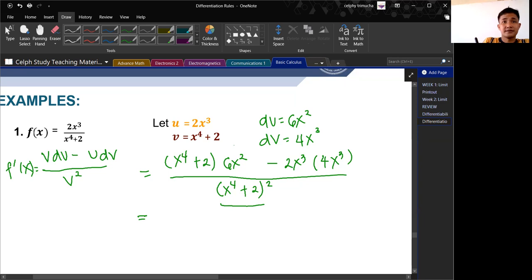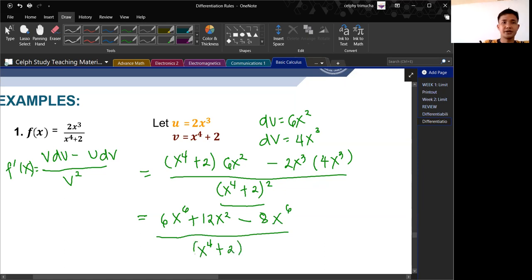So bisan din na pag-expand ang denominator, perform lang ang operation sa aton numerator. We will have 6x squared times x to the fourth plus 2, so we will have 6 x raised to 6 plus 12x squared, minus 2 times 4 will be 8 x to the 6, all over x to the fourth plus 2 squared. Okay, so now i-combine ang like terms. We have x to the 6.